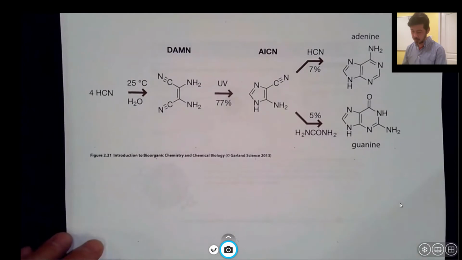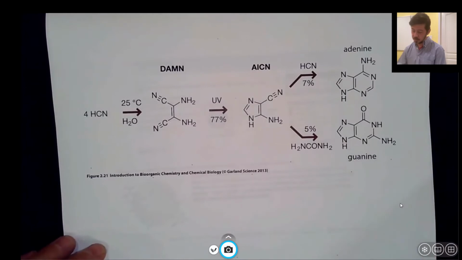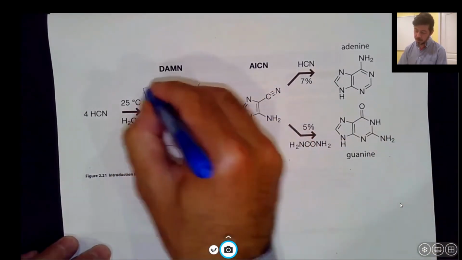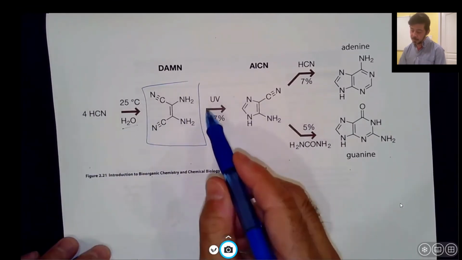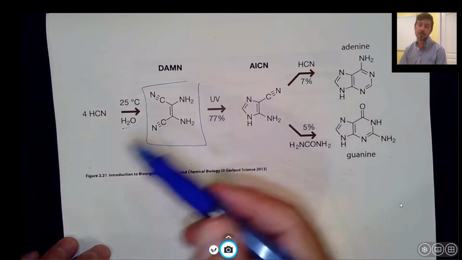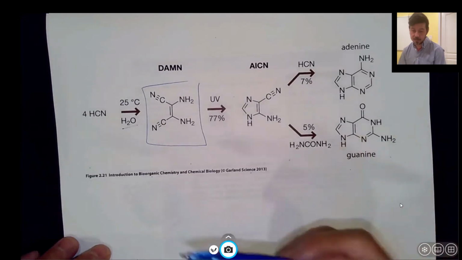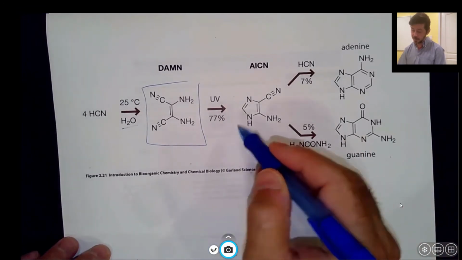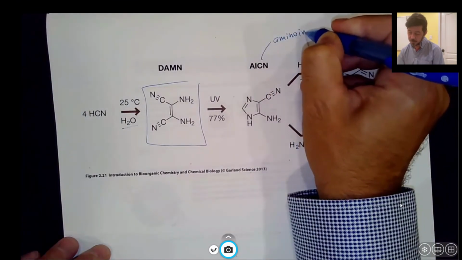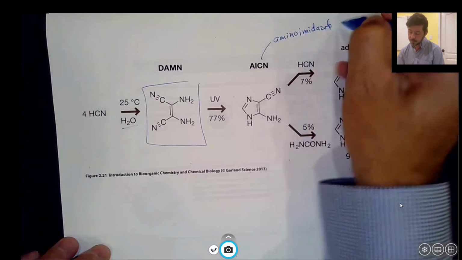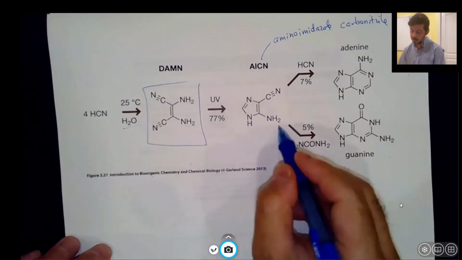It's been shown that this molecule we just made can be made at 25 degrees in water, so fairly mild conditions, and in the presence of UV light, which you can imagine was around because of the stars, well, still is around, this can form this compound here called AICN, which stands for aminoimidazole carbonitrile. Okay, so another mouthful. That's what this molecule looks like.